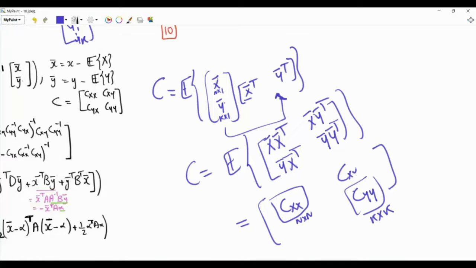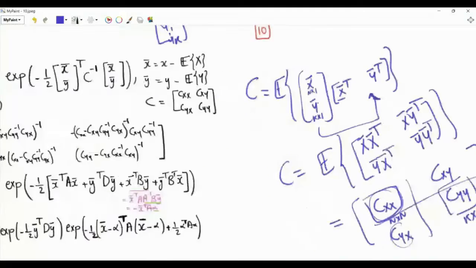So this is CXY and this is CYX. So the covariance matrix is n plus k, and it's divided into those 4 blocks: CXX, CYY, CXY, and CYX is the transpose of CXY.